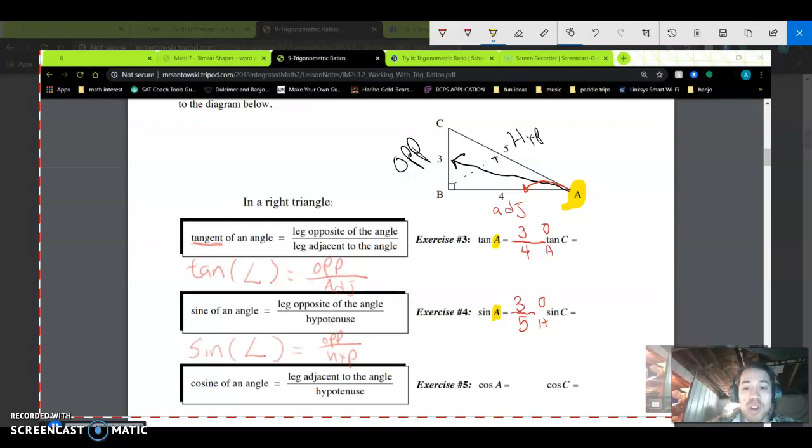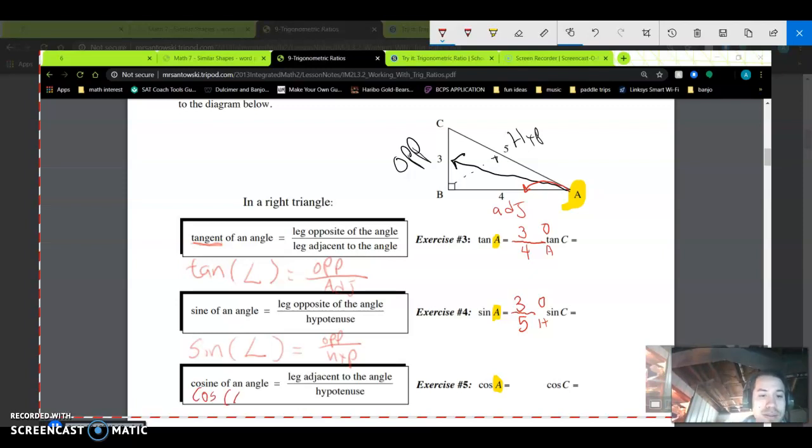Notice again, it's all based on angle A. We're looking at tangent of A, sine of A, and now we're going to look at cosine of A, which we abbreviate as COS.